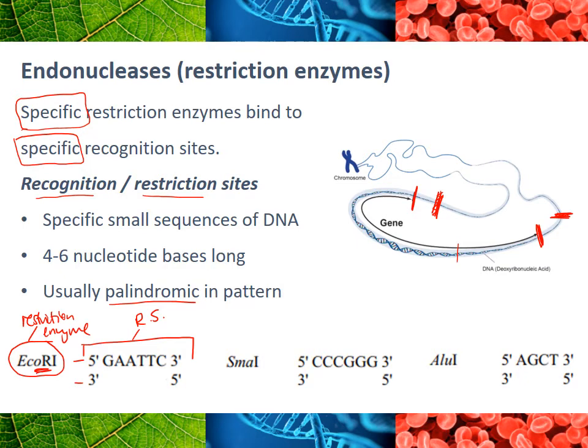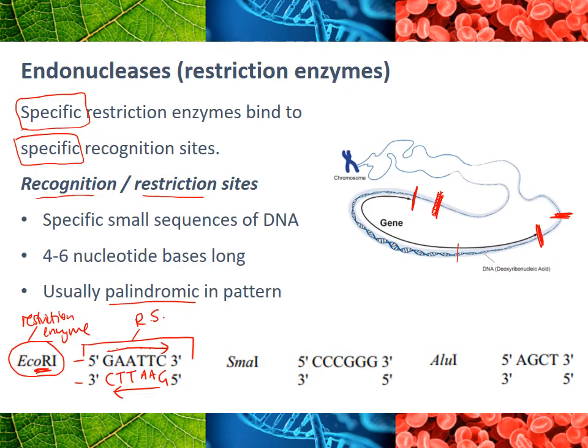If it encounters a DNA sequence like this, it will cut it there. Where the palindromic thing comes in is, if we look at these patterns, we've got G, A, A, T, T, C. The complement of that is C, T, T, A, A, G. So it's the same this way as it was that way.